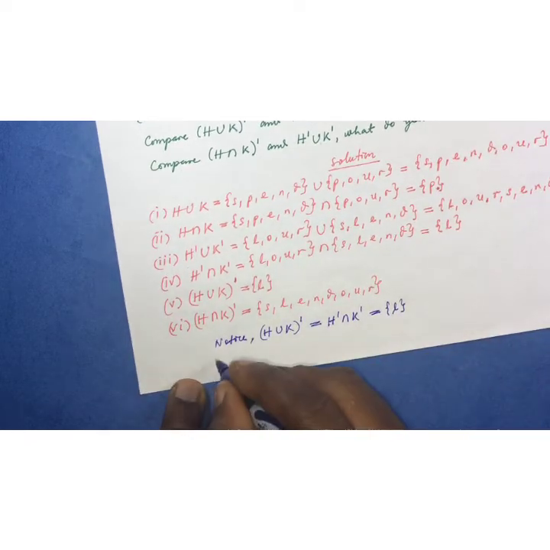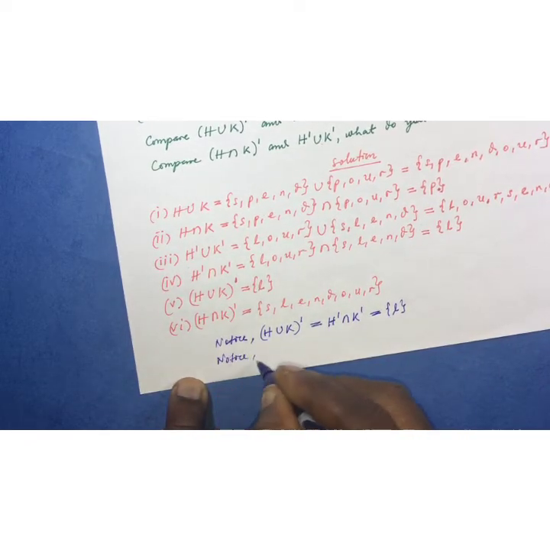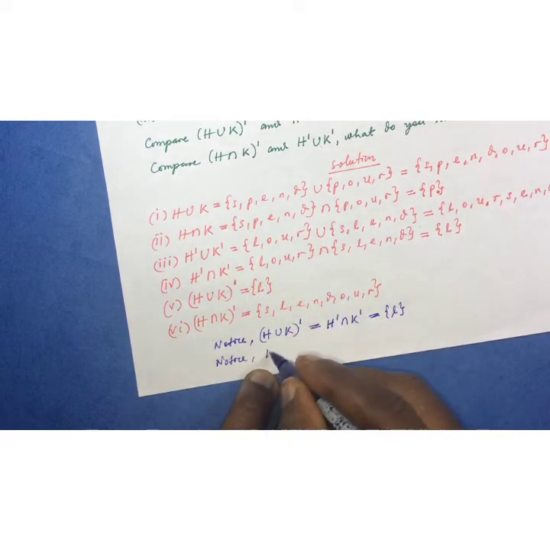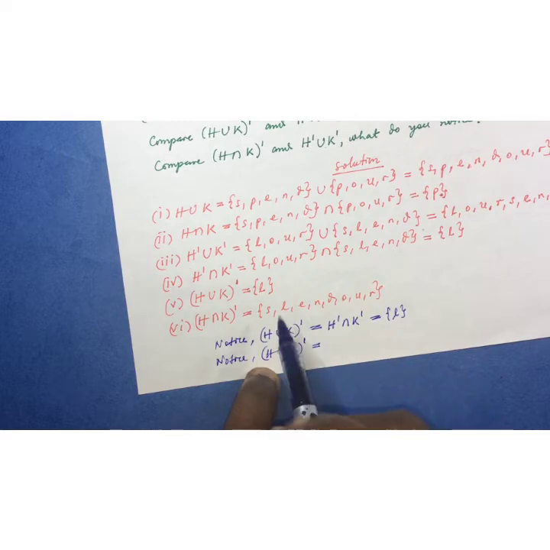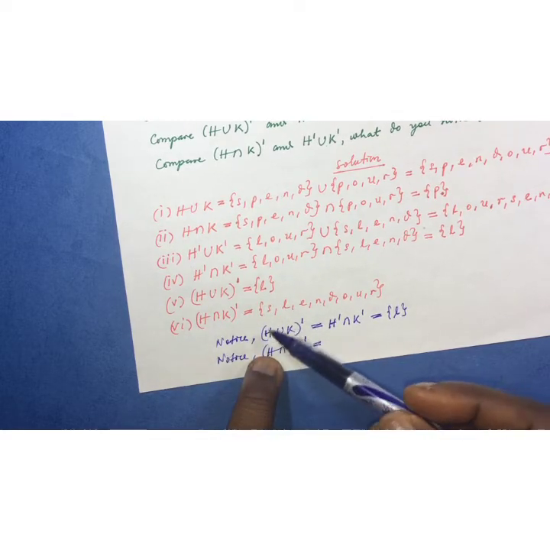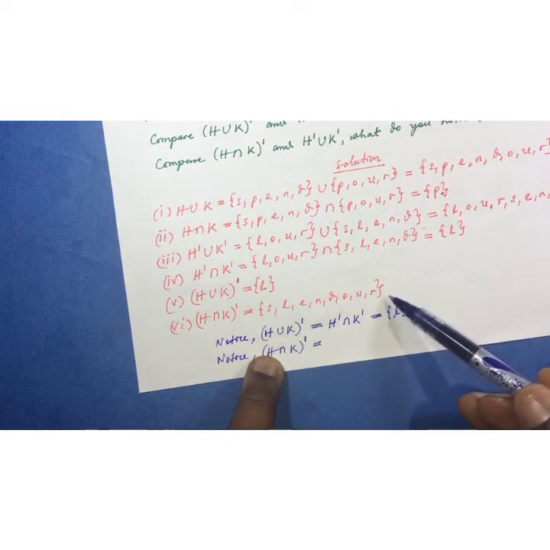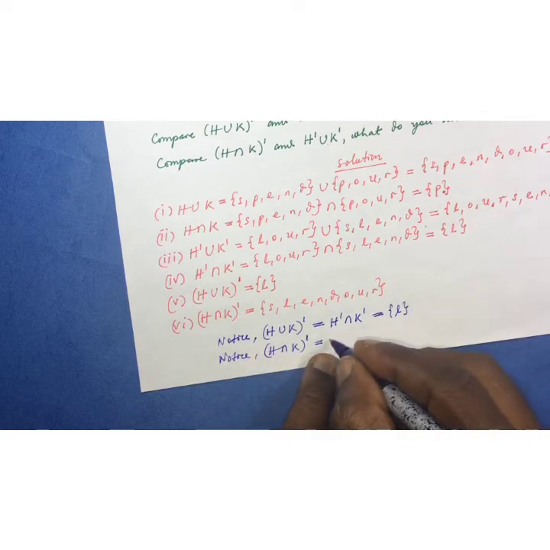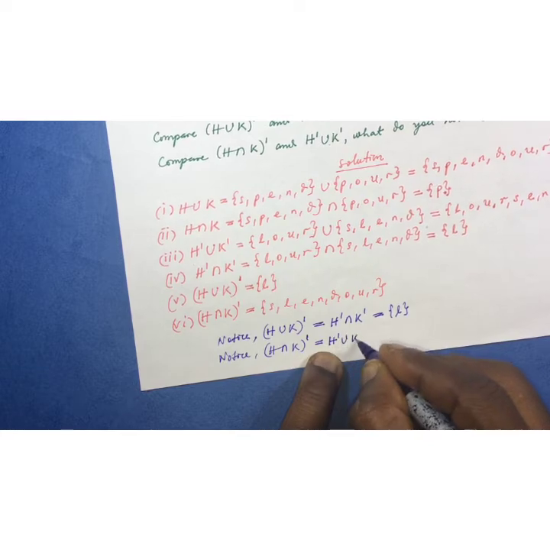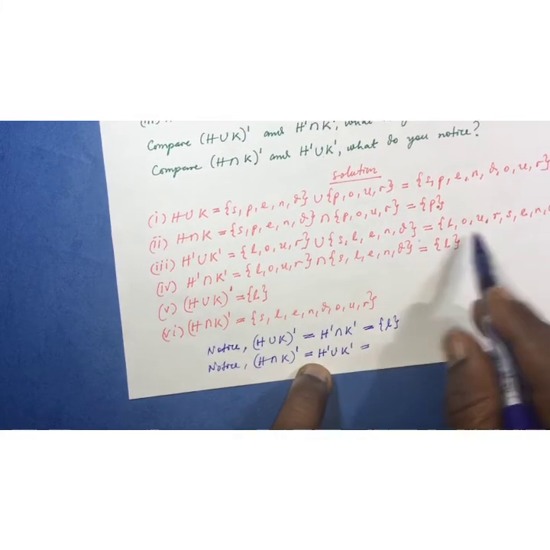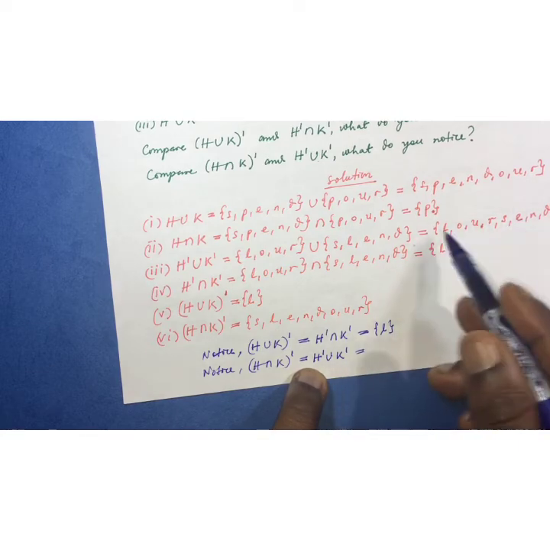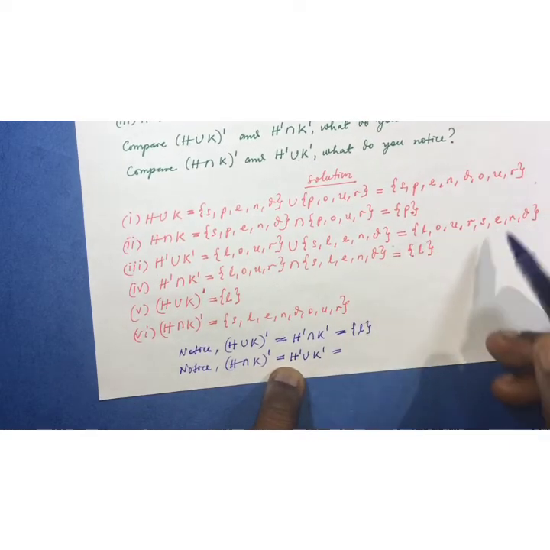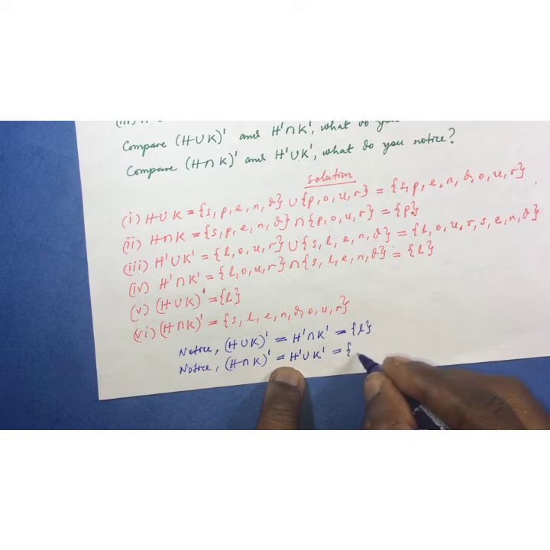Okay, so notice also that what we obtained as H intersection K complement is this SLENDER. And what we obtained as H complement union K complement is also SLENDER, only that the arrangement is not the same, but the same letters are contained, so both of them are equal.